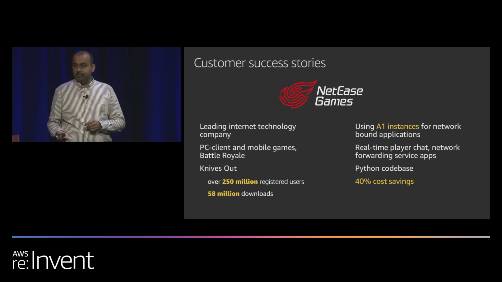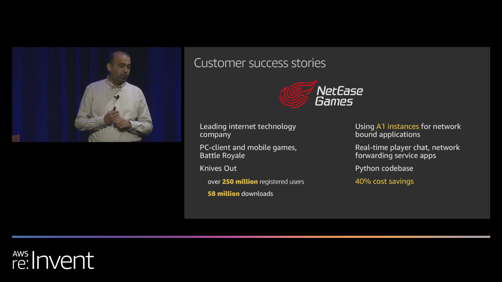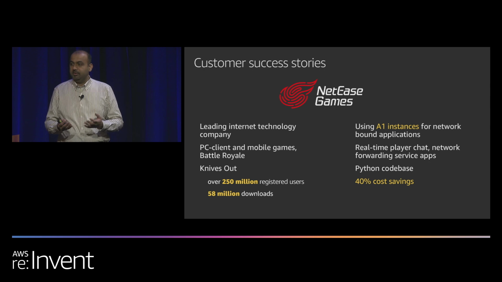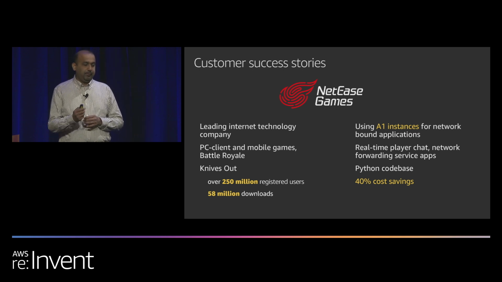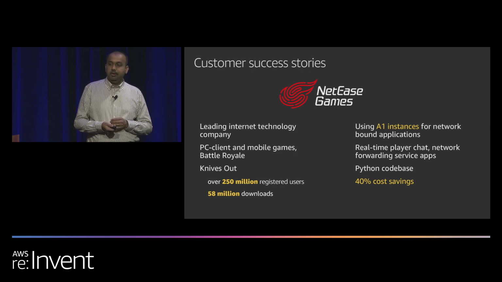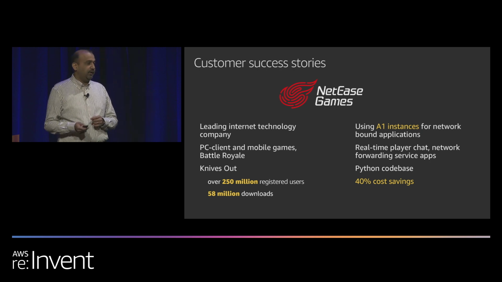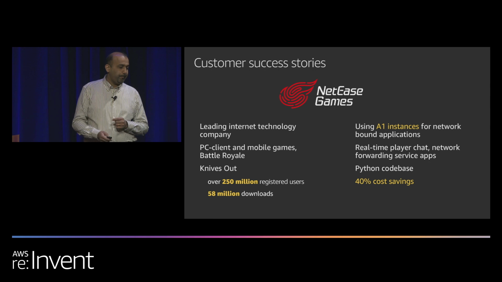Today they are using the A1 instance for their network-bound applications. And since most of their code base was based on Python and Java, they were able to easily get that moving to A1 instance and have realized up to 40% cost savings. Specifically, the applications include their real-time player chat within the game, as well as some of their network forwarding service apps.